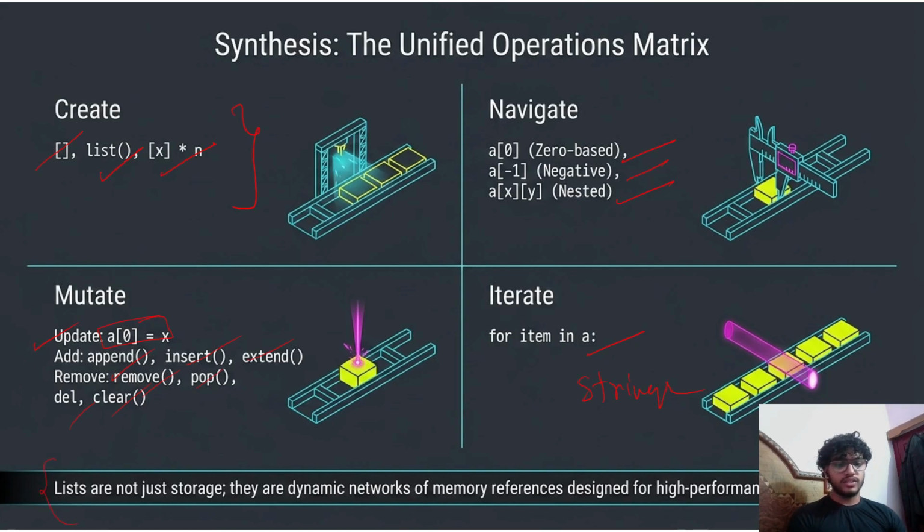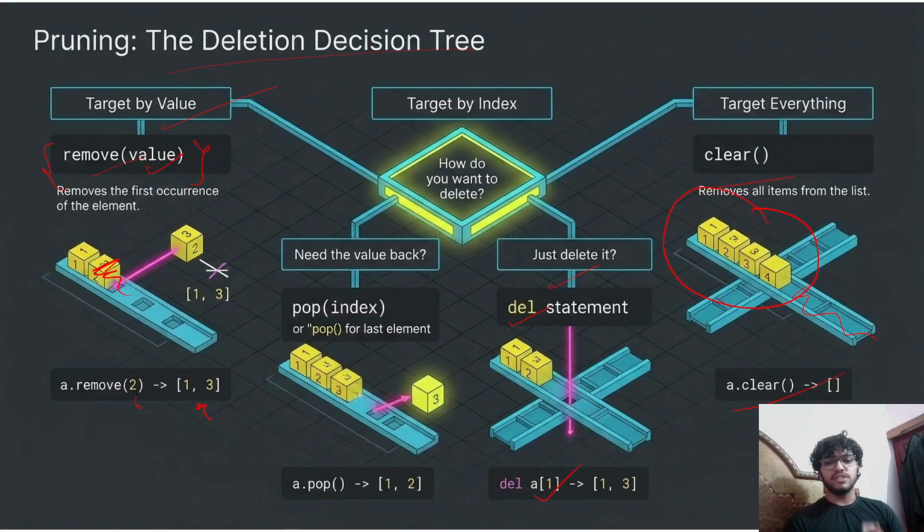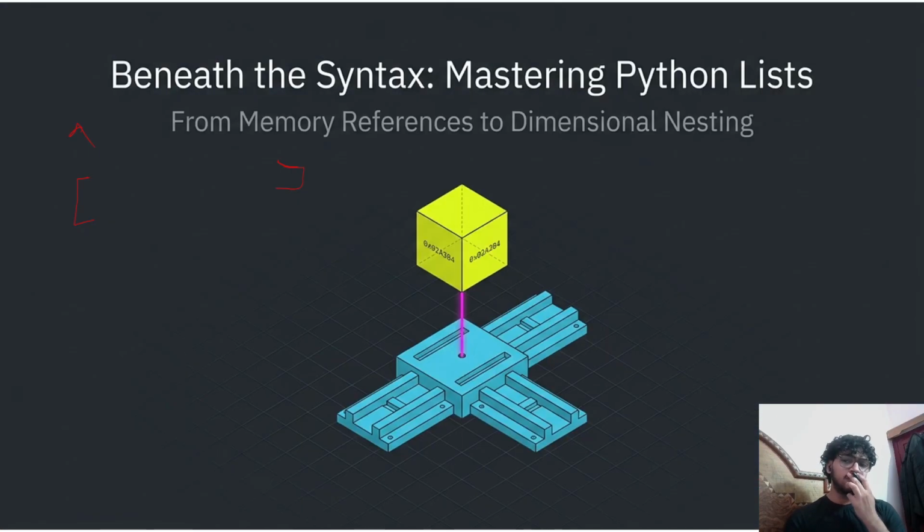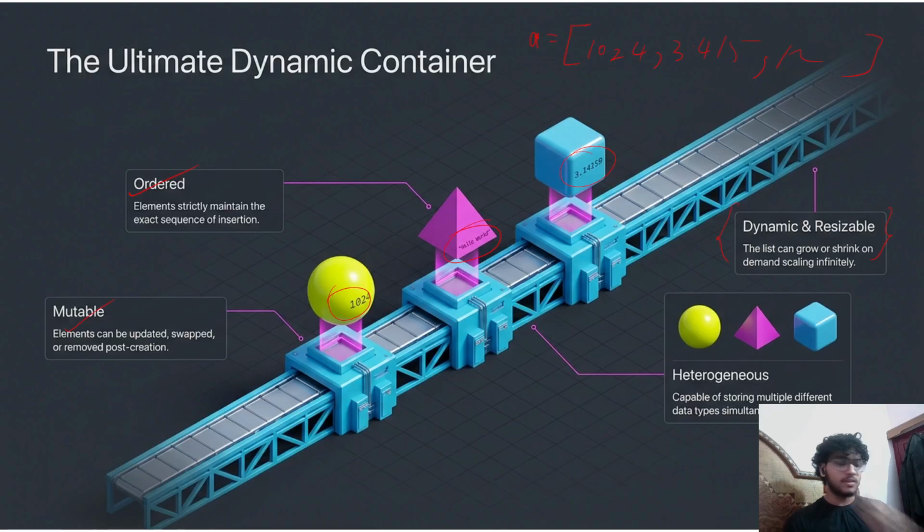You just read this sentence: lists are not just storage, they are dynamic networks of memory references designed for high performance manipulation. We use lists because they're pretty efficient, dynamic, and pretty smart, you can say. Just revise all of it. In this PPT, you can understand lists by this diagram itself.